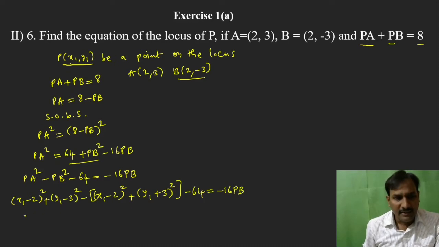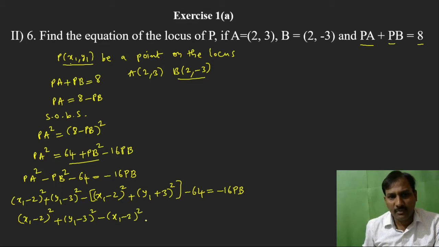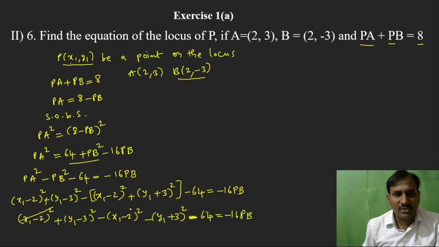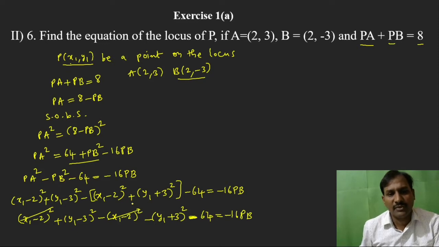So here (x1 minus 2) whole square plus (y1 minus 3) whole square minus (x1 minus 2) whole square, remove the brackets here, minus into plus minus, (y1 plus 3) whole square minus 64 is equal to minus 16 PB. Here plus (x1 minus 2) whole square minus (x1 minus 2) whole square gets cancelled.